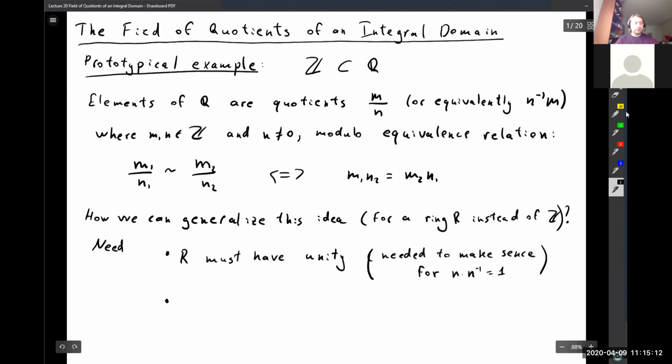Well, the next thing is that R needs to be commutative.